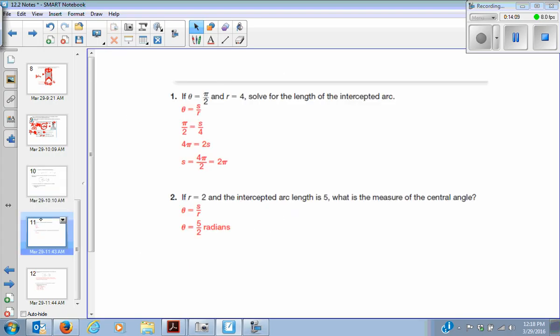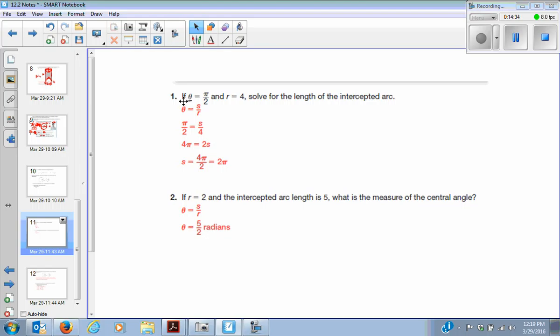And here are the answers for these. So if theta, remember this is the way we read this, is pi over 2 and r equals 4, solve the length of the intercepted arc.